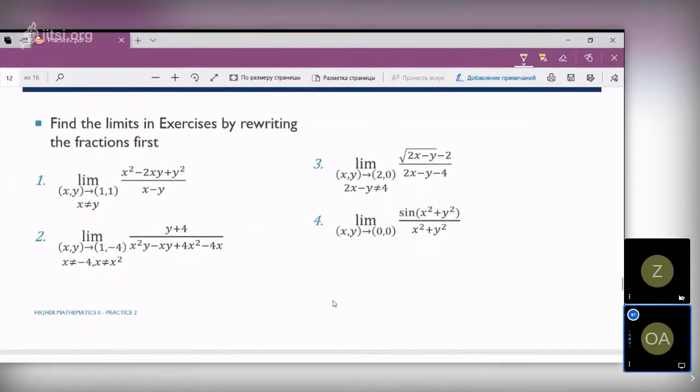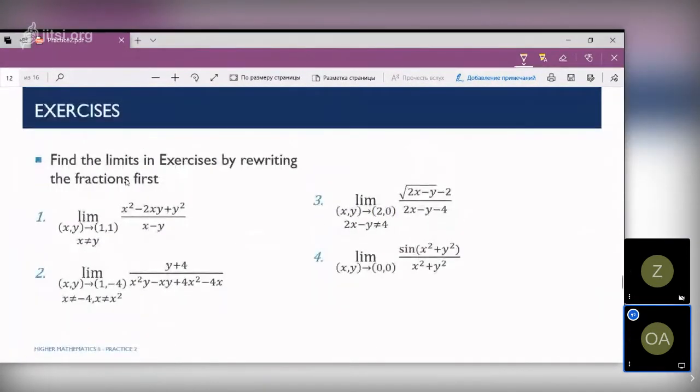So we have some more exercises. On this page, it asks to find the limits in exercises by rewriting the fractions first. We have to rewrite the fraction first, because we cannot solve this directly.